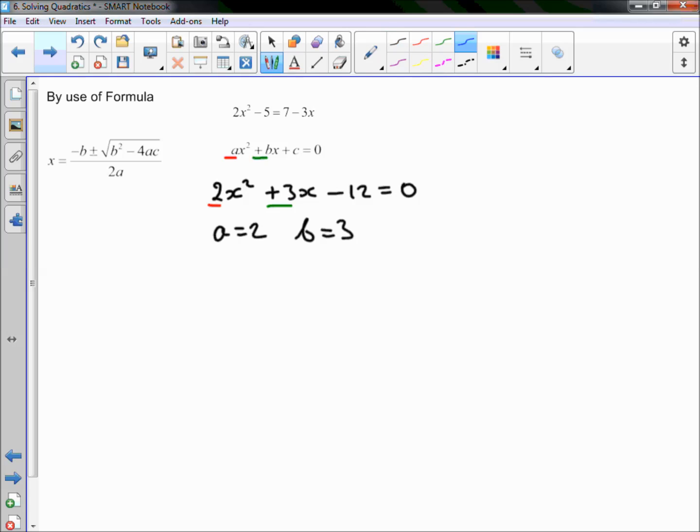And c, and this is where people tend to make some slight mistakes, is going to be minus 12. Okay, and we're going to substitute that into the quadratic formula, and from that get a solution.